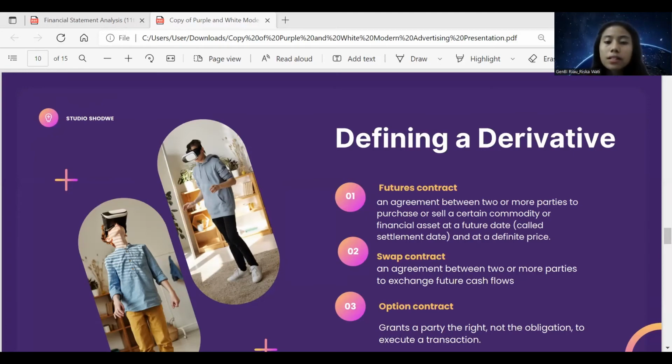Second is swap contract. That is an agreement between two or more parties to exchange future cash flows. It is common for hedging risk, especially interest rate and foreign currency risk. And the last is option contract. It grants a party the right, not the obligation, to execute a transaction.